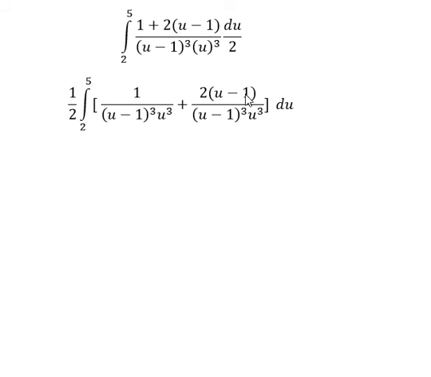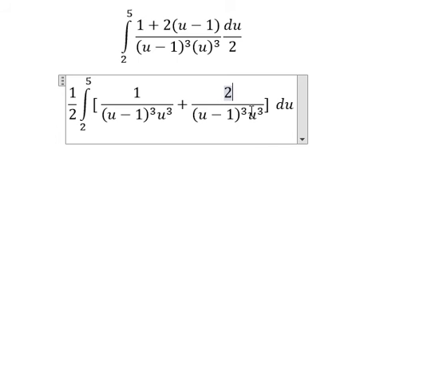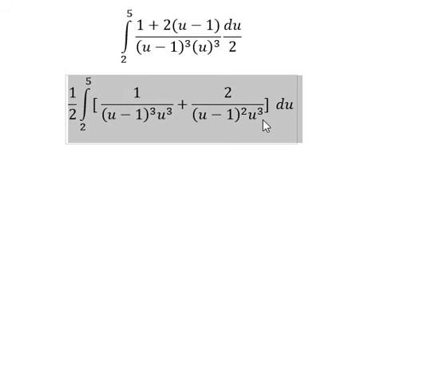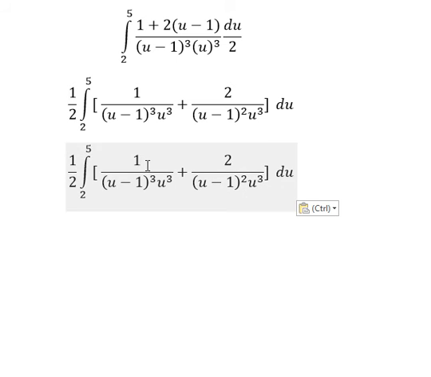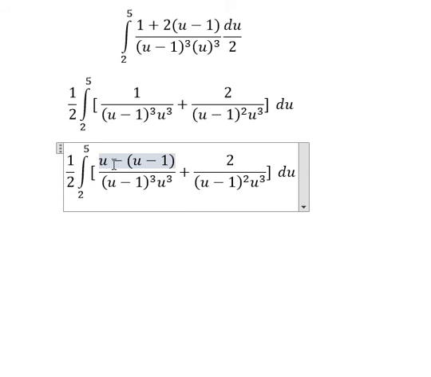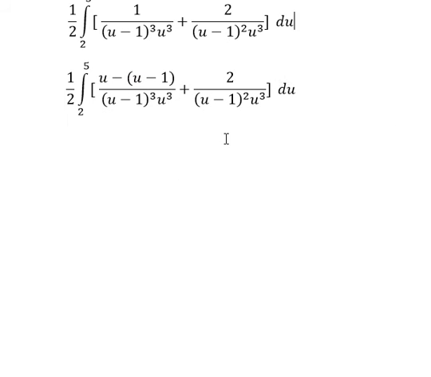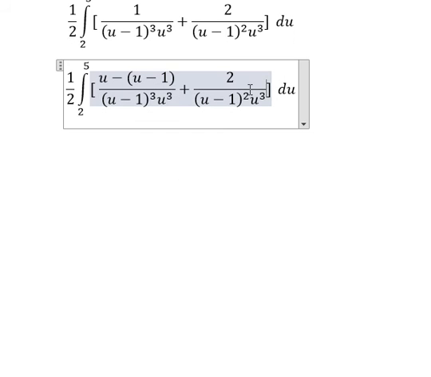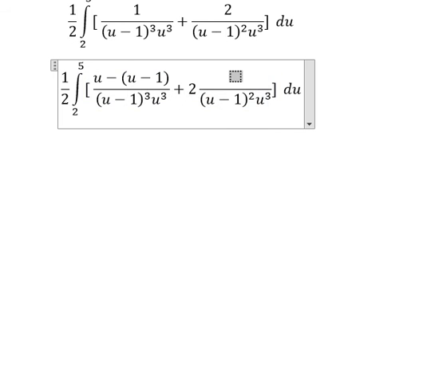We have u minus 1, we divide by u minus 1, so this is power 2. Next, on the numerator we put u minus 1, because minus u and u cancel. Minus with minus, you get a positive 1 here. So now we do a similar thing for this one too, that's u minus 1.